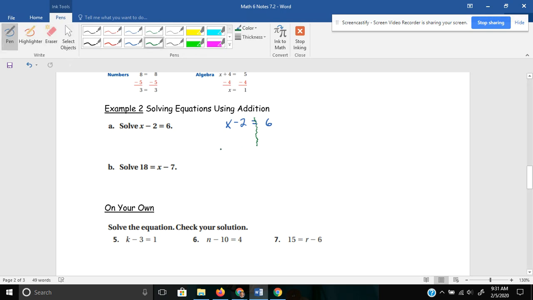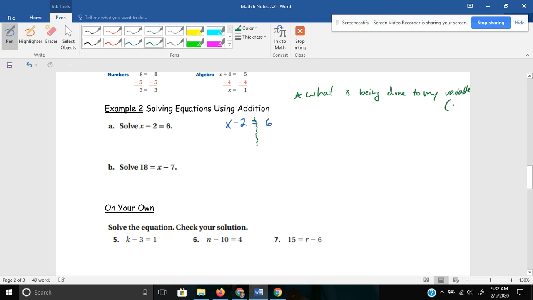Okay. So what I do first is I ask myself, what is being done to my variable and how do I undo it? I'm going to write that down, and I'd encourage you to do so as well. What is being done to my variable?